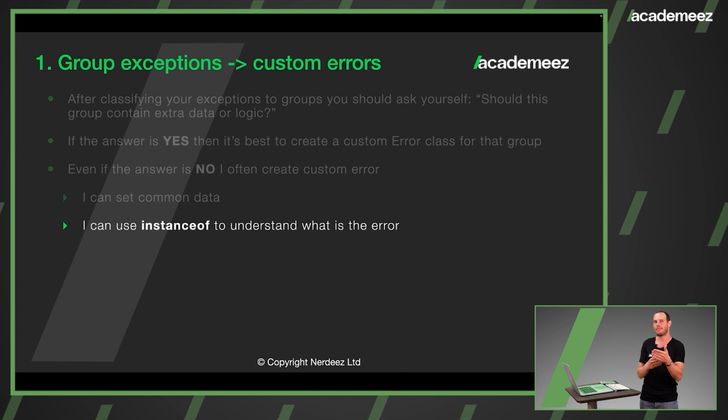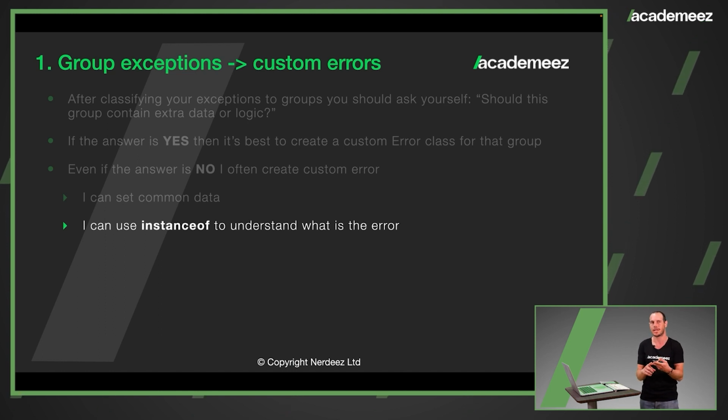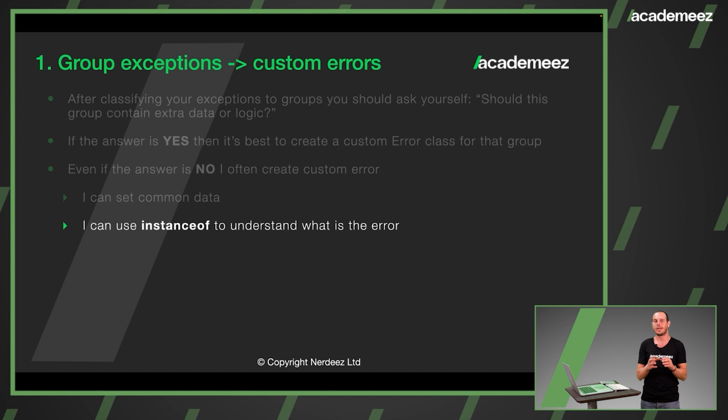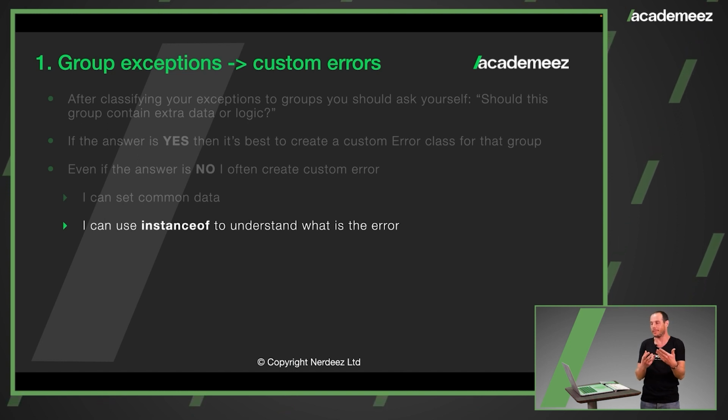So even if I don't have additional data like authorization error, where I want to add the user and the resource being accessed, even if I have, for example, authentication error, which might not have additional data, I would still want to create a custom error class and maybe override the message or override the code to add additional common data, or use instanceof authentication error to help me diagnose which type of error and which type of group I'm now dealing with. So usually when I group exceptions, it involves creating my own custom errors.